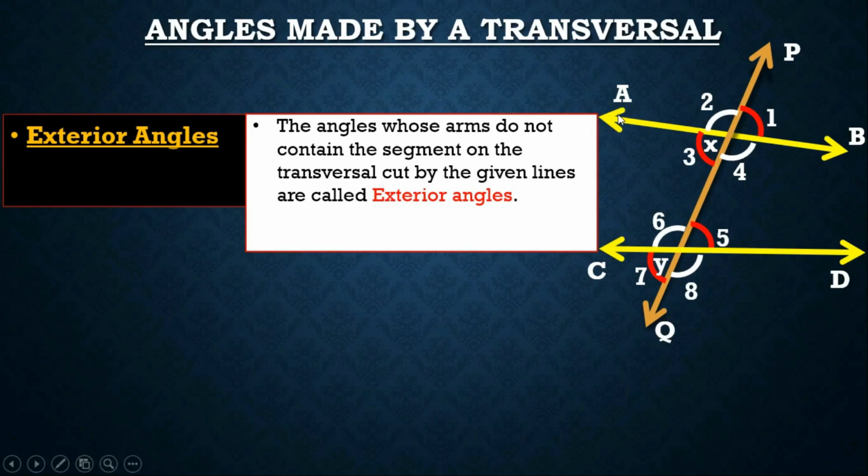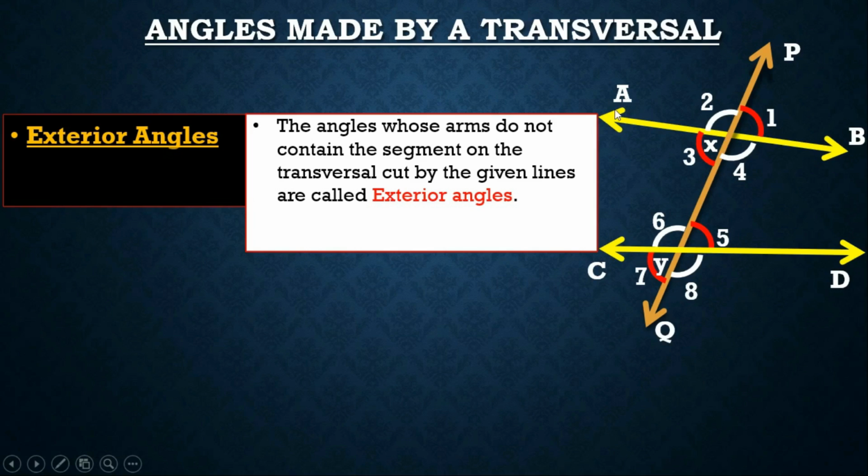So angle AXP, right? Now this line PQ is having segment XY, right? So this angle AXP does not contain this segment XY, right?